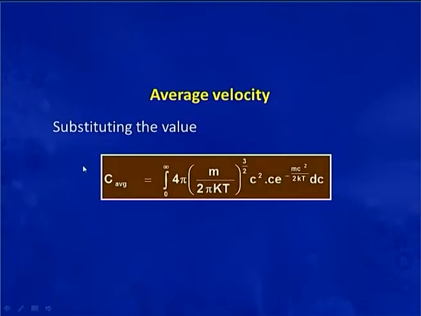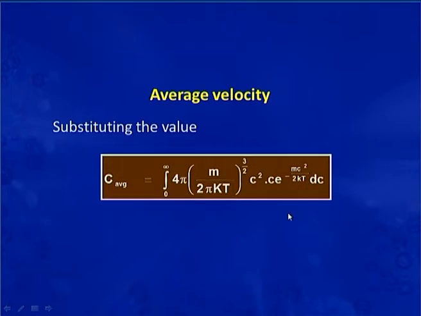So, now the equation is C average is equal to integration 0 to infinity 4 pi (m by 2 pi kT) to the power 3 by 2 into c square into c into e to the power minus mc square by 2 kT into dc.